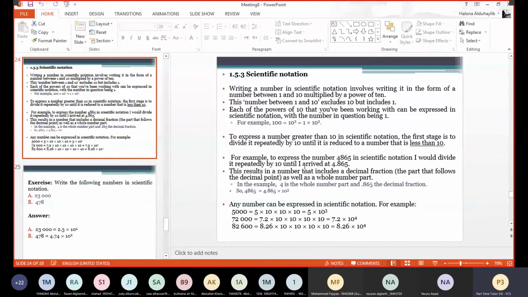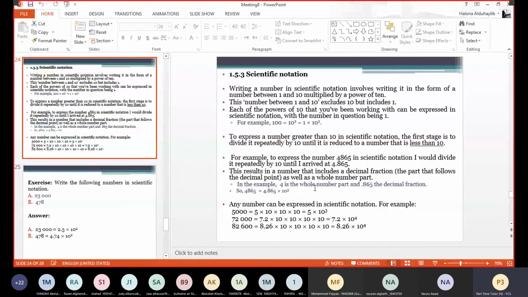For example, you have the value 4865. If you want to represent this value using scientific notation, you need to repeatedly divide it by 10 until by the end you get the value 4.865. So we transfer it to a decimal number with a value between 1 and 10.